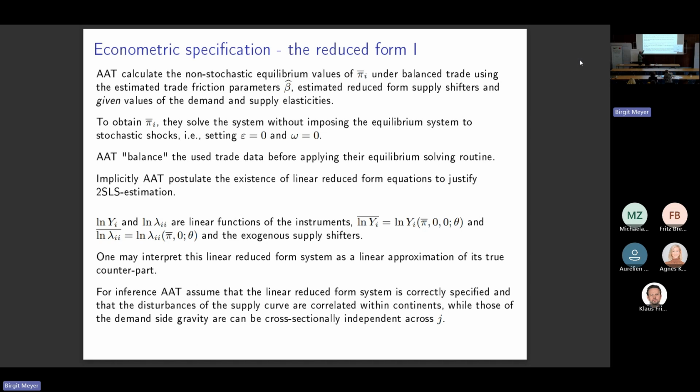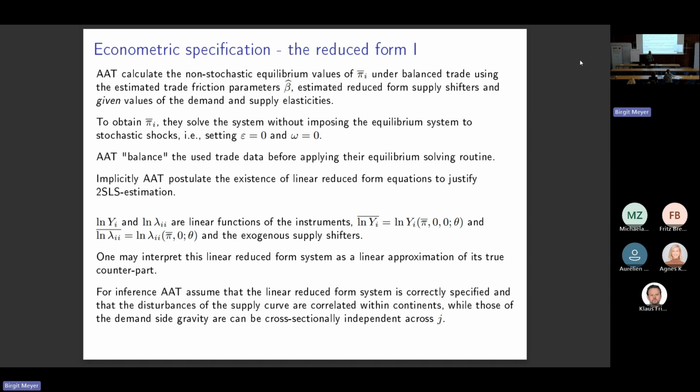And so they postulate the linear function. I checked around for quite a long time, and maybe a clever econometrician can produce a linear approximation out of this that produces this. In the end, for inference, they assume that this linear reduced form is correctly specified, and that the omegas are independent across continents.